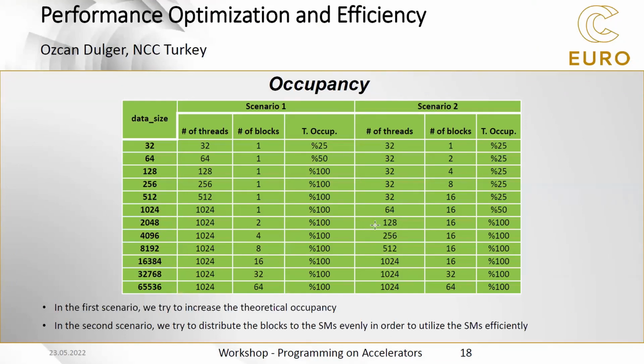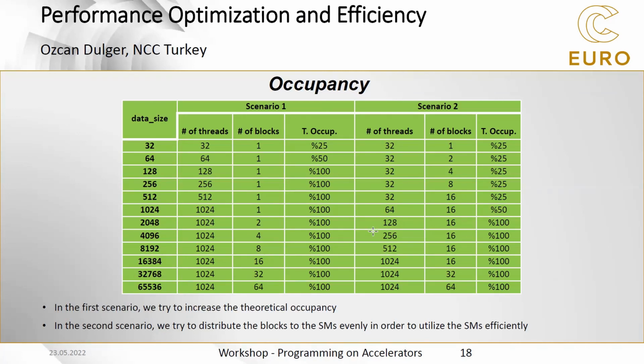So my question is, what I understood is that the idea is that you want to maximize the utilization of the number of threads that is available on the specific hardware, like 2048, right?